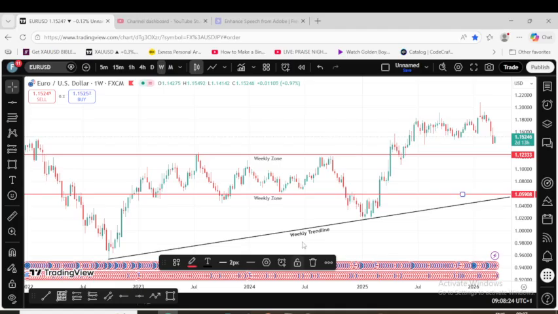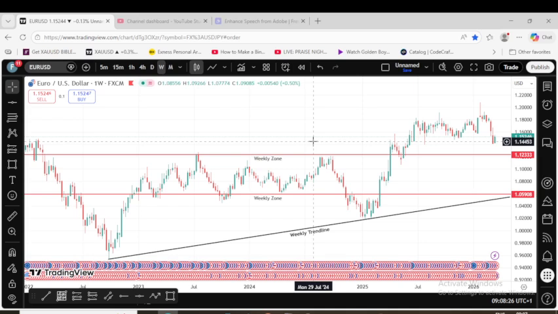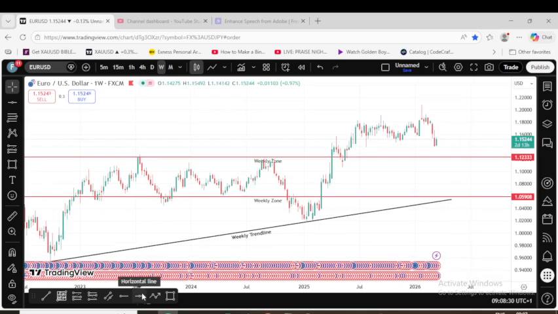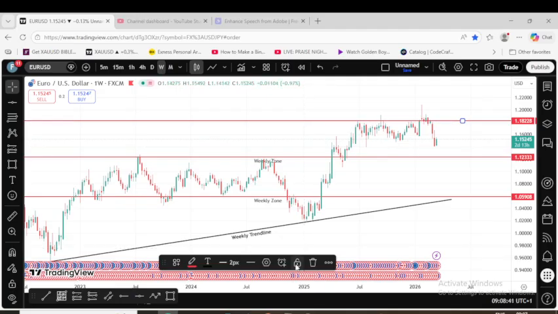One of the reasons for the description of zones is that they cover a range. They don't operate as a simple line. Even support and resistance levels on the 4 hour, 1 hour, and even 15 minute time frames don't operate as a single line on the chart. They are regions of price action that price responds to.